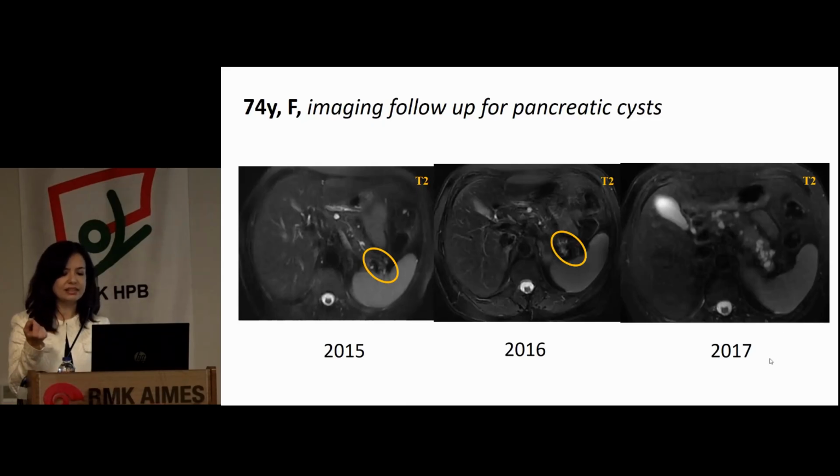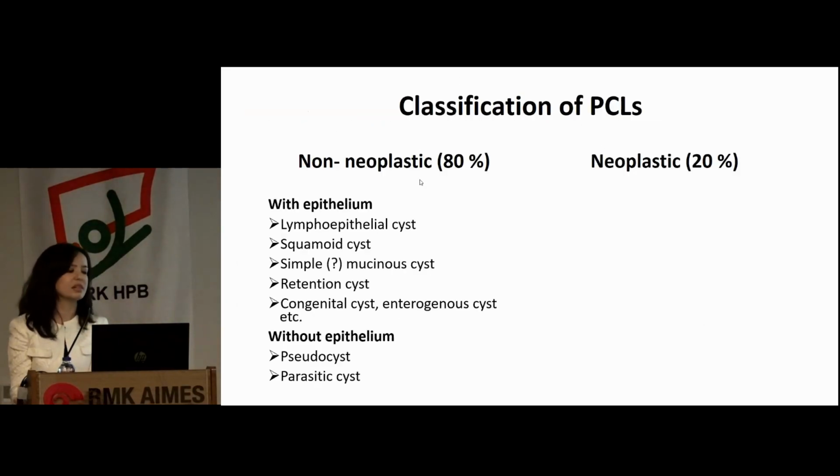And in the second year follow-up, now these are much more prominent, and now there is a PDAC at the distal part of the body of the pancreas. So I believe the PDAC was there, but it was not visible to our eye, to imaging. So it's important to be cautious about retention cysts.